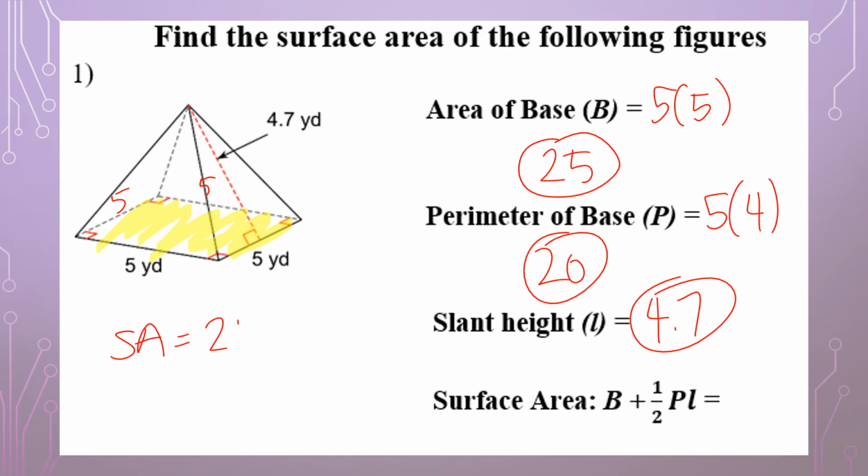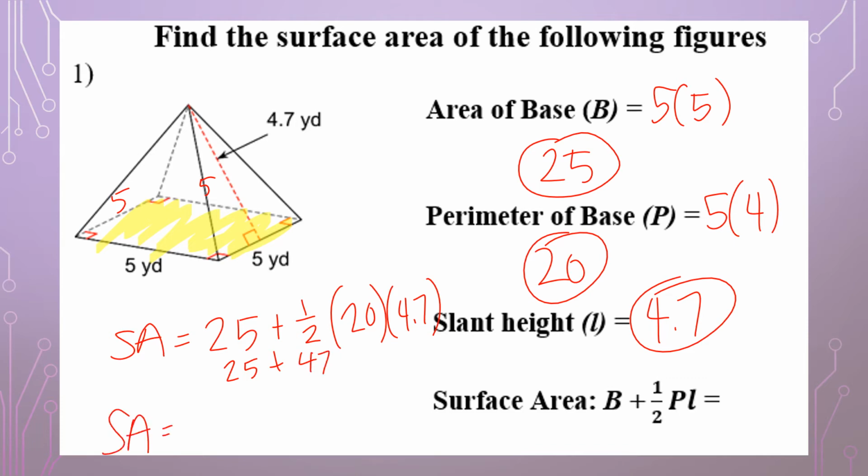We're going to have B plus 1/2 of P times the slant height of 4.7, or L. So I'd get 25 plus 1/2 times 20 times 4.7 is 47. And then you would add those two together to get your final answer of 72 yards. And remember, because this is surface area, we need to square it.